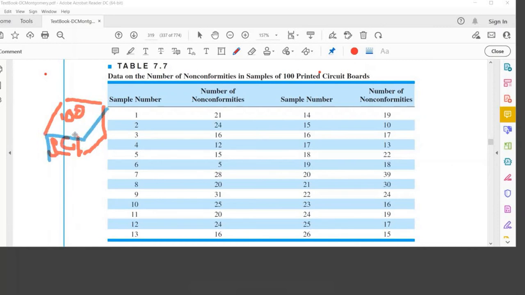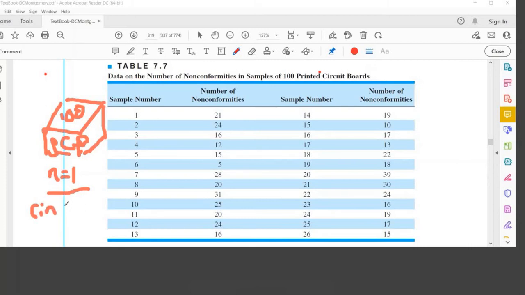So for what we call the inspected unit, in this case, it will be equal to 1, even though inside there are 100. This is what we define as inspected unit. Make sure you understand this.